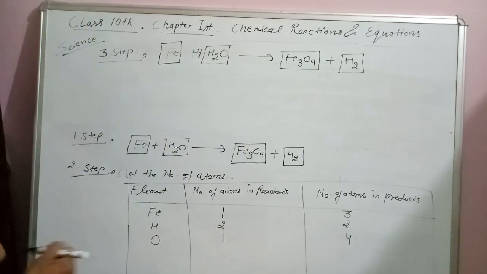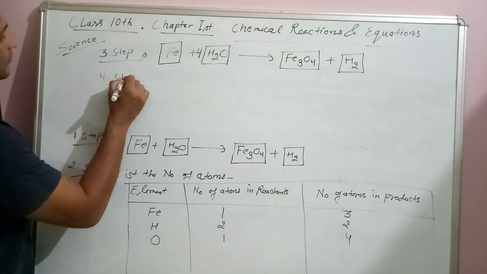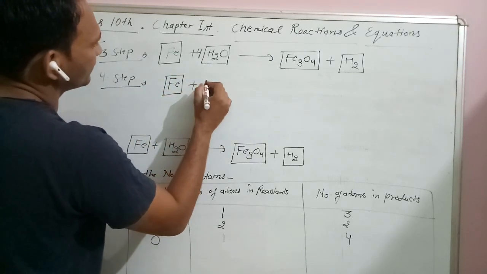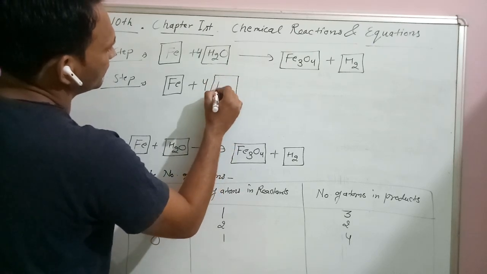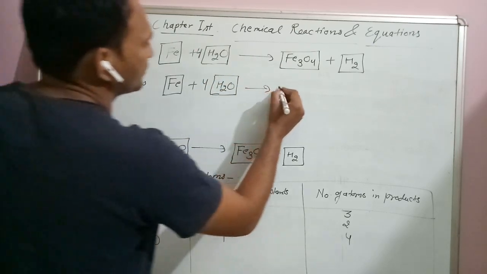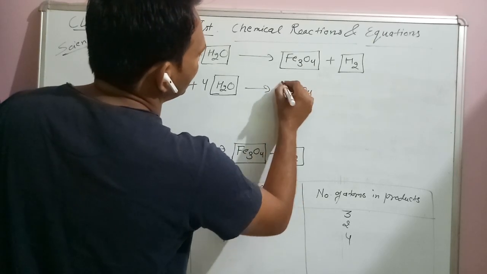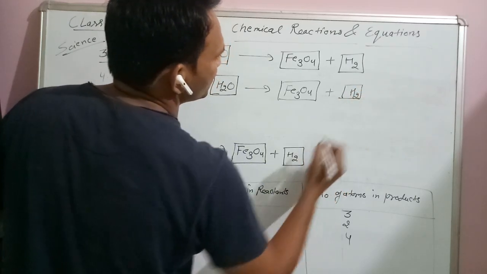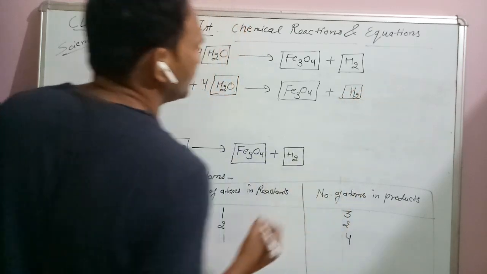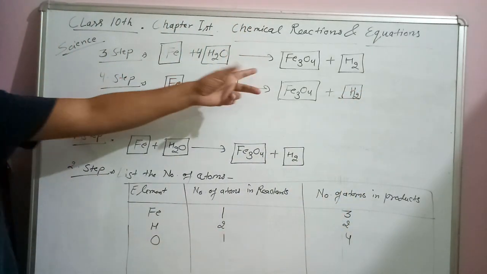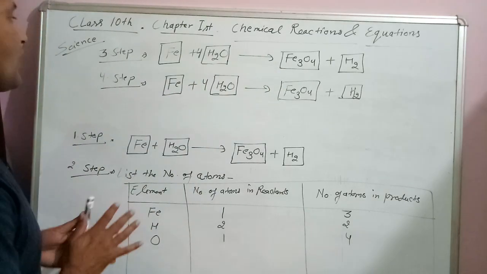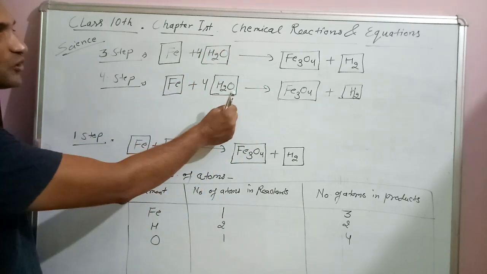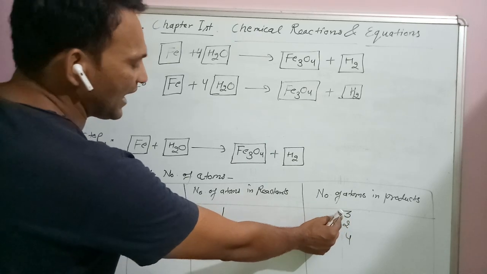So this becomes 4 oxygen in the reactant, as there are 4 oxygen atoms present in the products. The oxygen is balanced. In the fourth step, Fe plus 4H2O gives Fe3O4 plus H2. After balancing the oxygen, we take another element with fewer atoms than the oxygen, and that is iron, Fe.